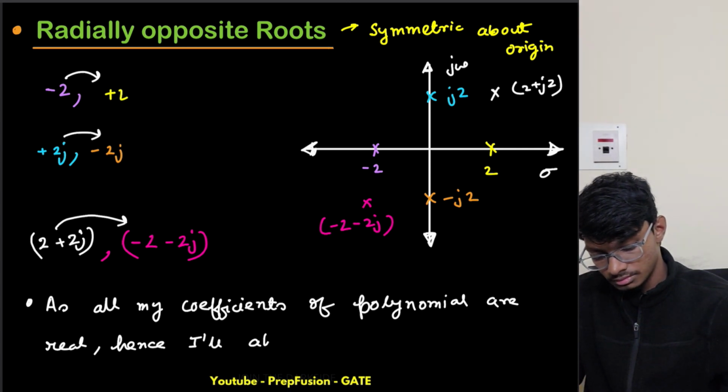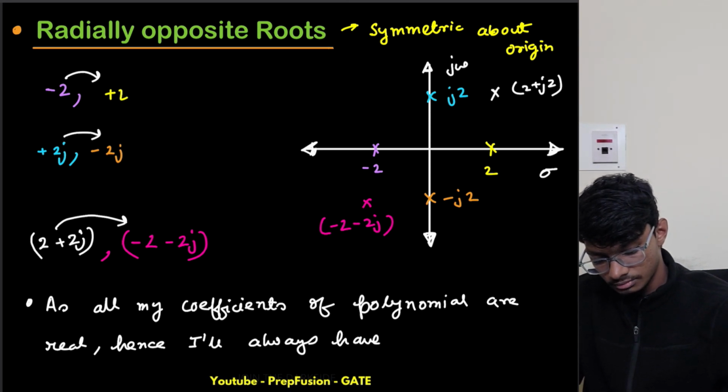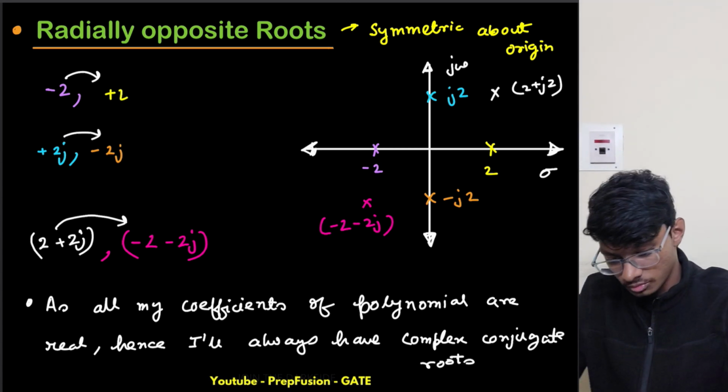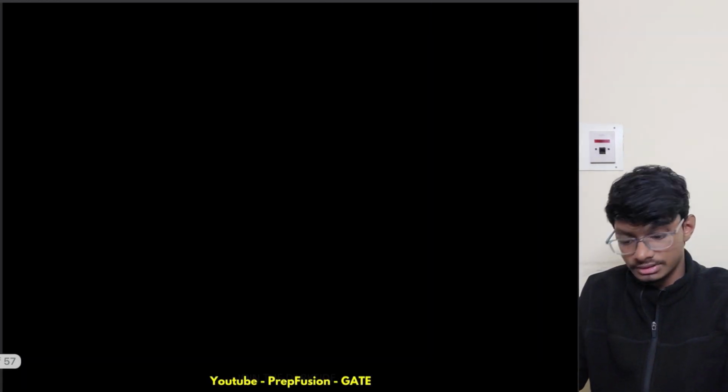I will always have complex conjugate roots, right? So what does that mean?